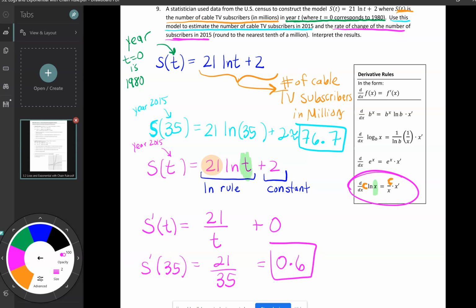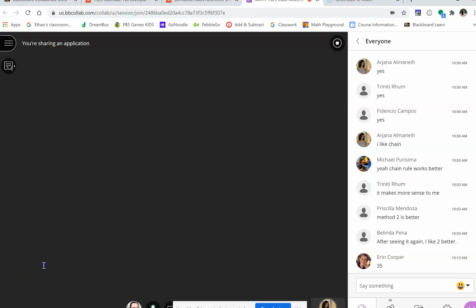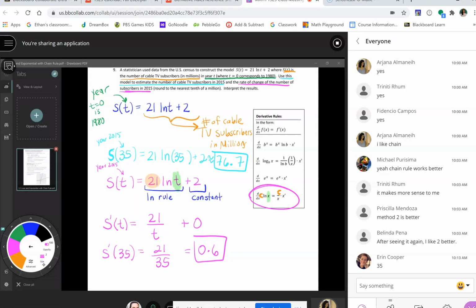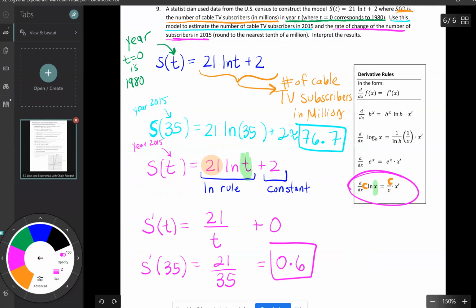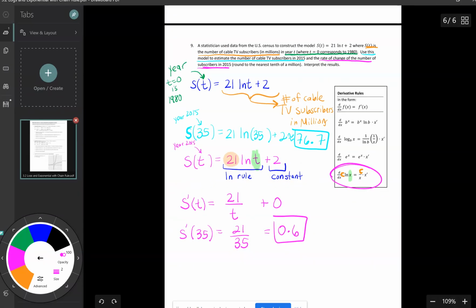Okay, now interpreting this is kind of tricky, but before I interpret it, are there any questions how I got either of those two numbers? No? Okay, let's go ahead and interpret it. So when I interpret this, I'm going to say in 2015, because that's my input, right? You have to address your input and your output.